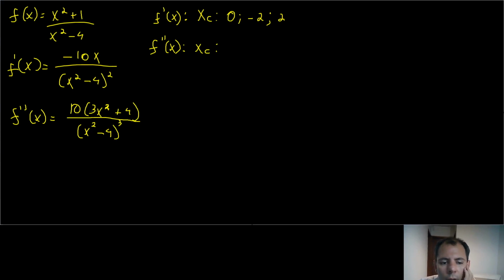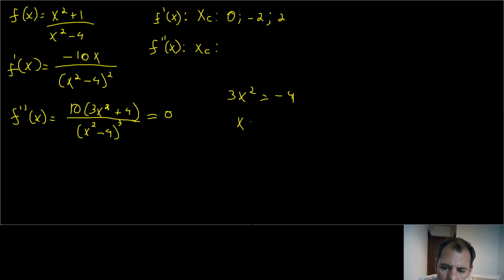When is the second derivative going to be 0? Well, let's see. So what I'm going to do is to equate, okay? And just worry about the numerator. Forget about this, okay? I'm just worrying about the numerator. When is the numerator going to be 0? Well, 0 divided by 10 is 0, okay? So what you have is 3x squared equals minus 4.